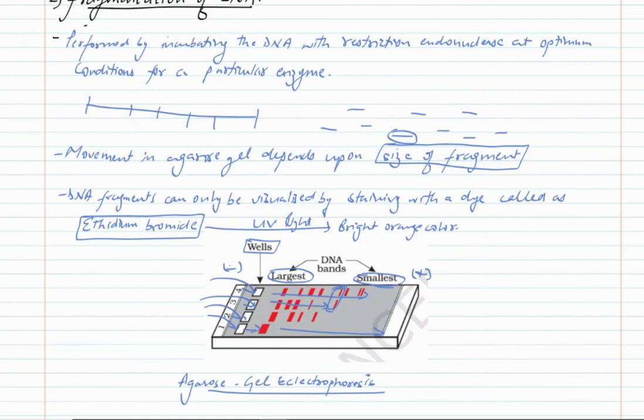Now these separated fragments are cut out of the agarose gel and placed on nitrocellulose papers.